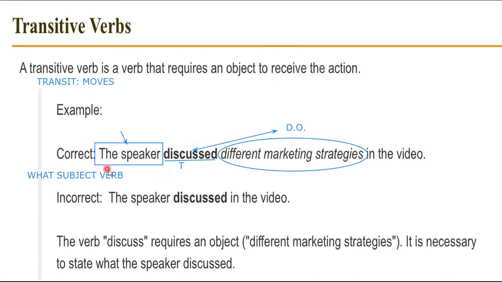Discussed. What the speaker discussed? Different marketing strategies. So we know that we have a direct object. So this formula, what plus subject plus verb, is for us to know if we have a what? A direct object. And if we have a direct object, that means that our verb is transitive. Transitive, exactly. Do you understand this, guys?